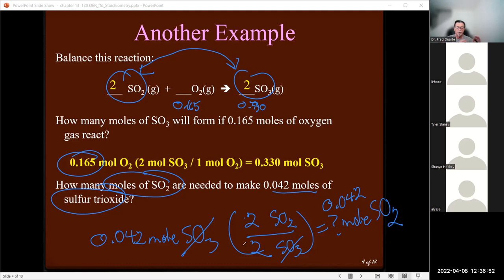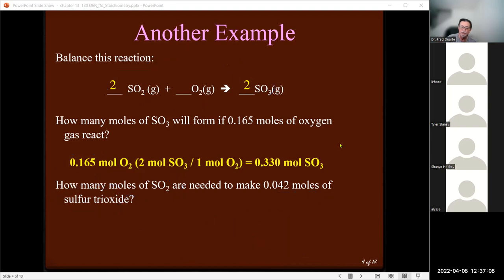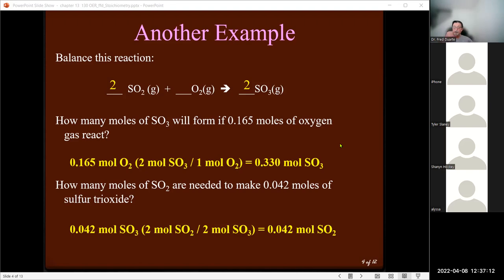And so 0.042 moles of sulfur trioxide will require the same amount of sulfur dioxide, because the stoichiometric relationship between those two is a 2 to 2 relationship, which is simply a 1-to-1. And that's what I meant.